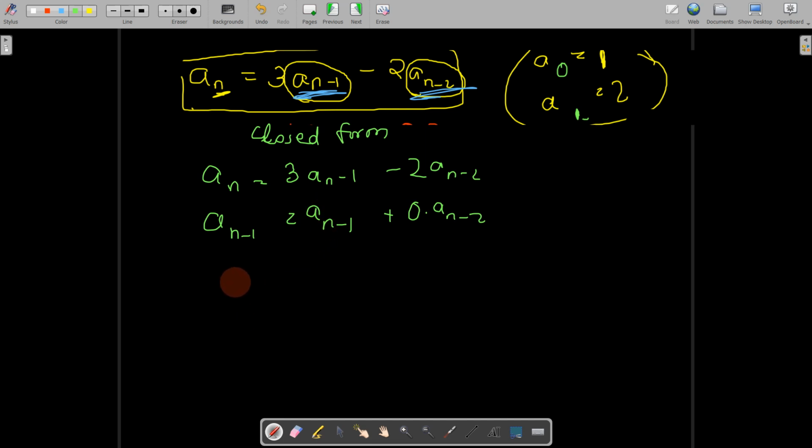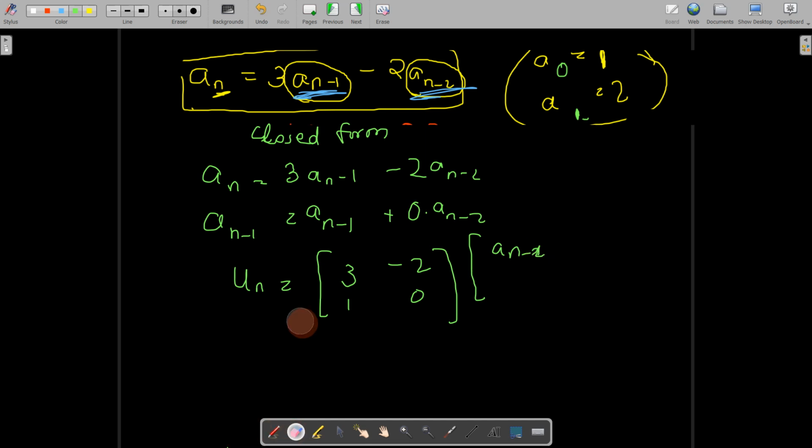Now we will write it in matrix form. Un is equal to the matrix [3 -2; 1 0] times a(n-1) and a(n-2).